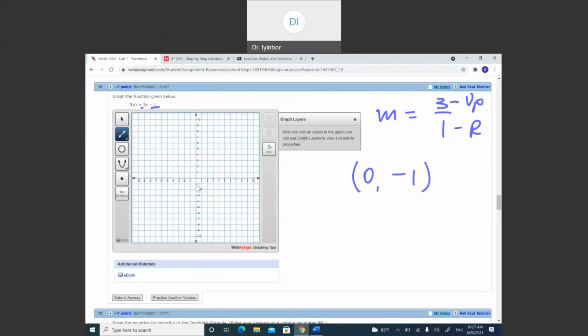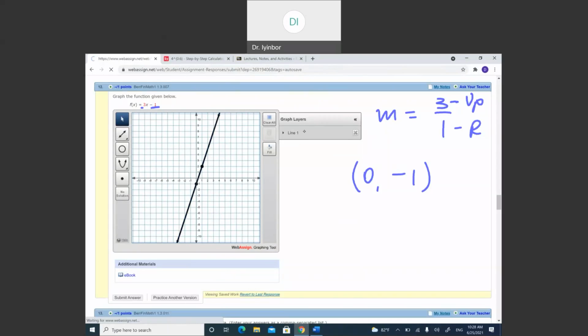And then from 0, -1, you're going to go 1, 2, 3 up and 1 over. So this is the second point I'm going to get. And then you can double check here. 0, -1 is the first point. Now when I go 1, 2, 3 up, and 1 over is going to be 1 and 2. So that's correct.